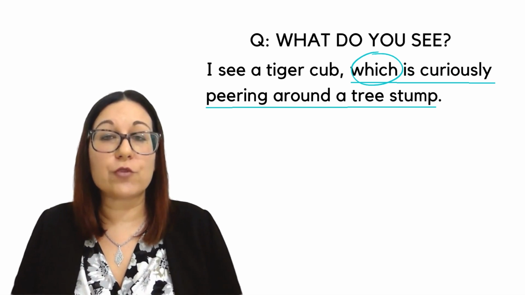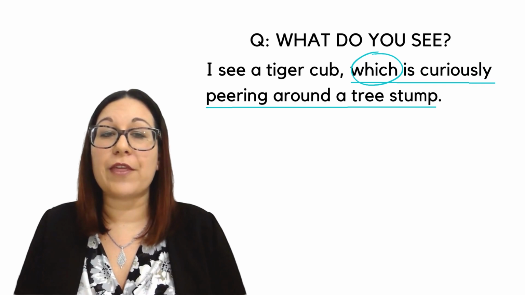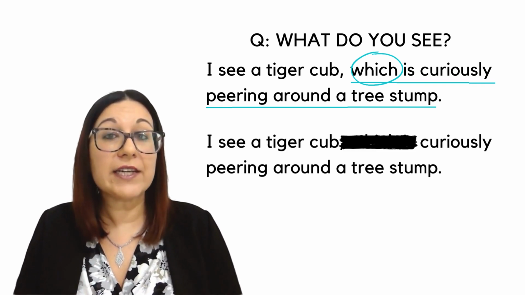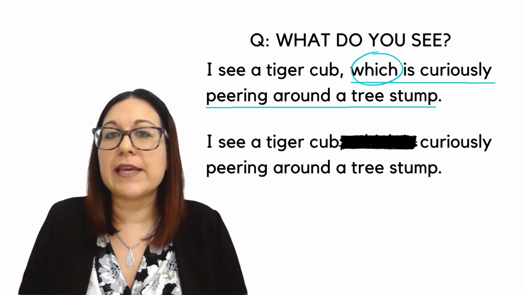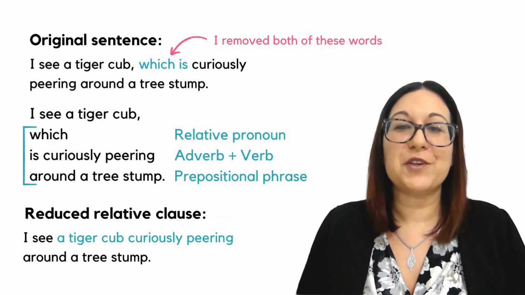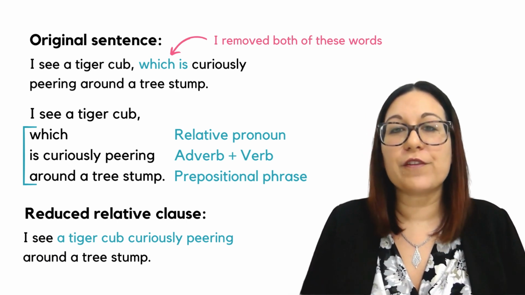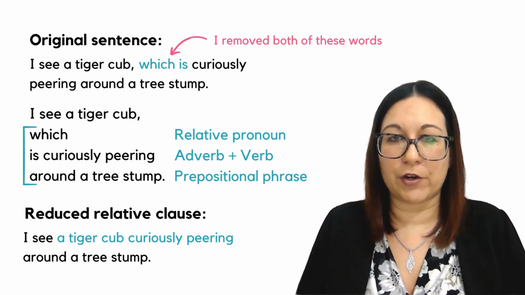I would use a reduced relative clause and end up with, I see a tiger cub curiously peering round a tree stump. So you might have noticed that I removed the relative pronoun which. I also removed the auxiliary verb.